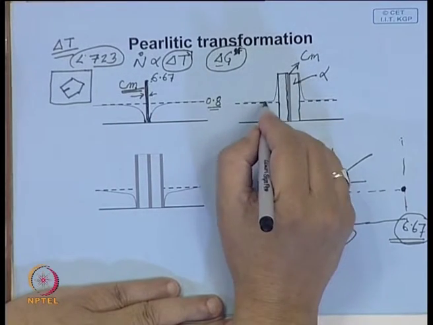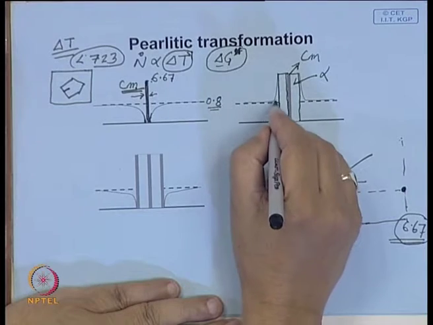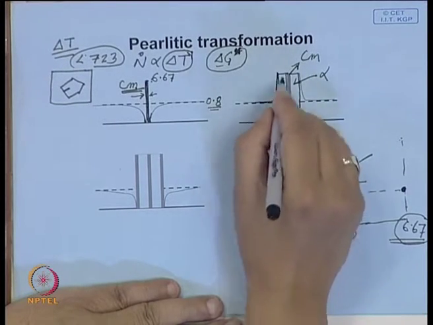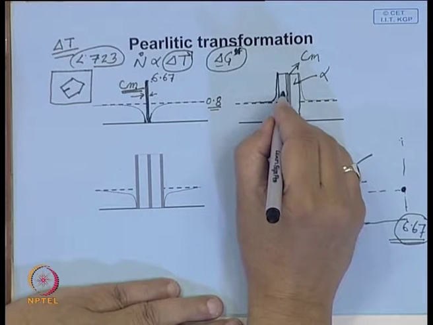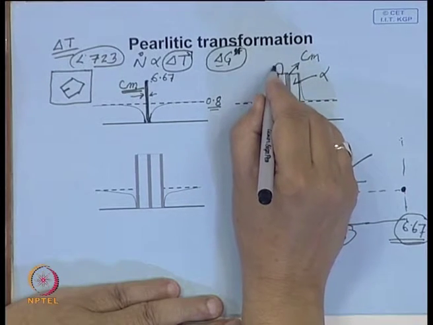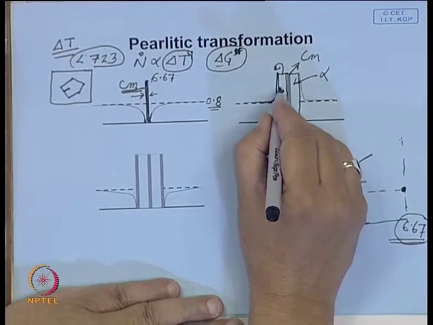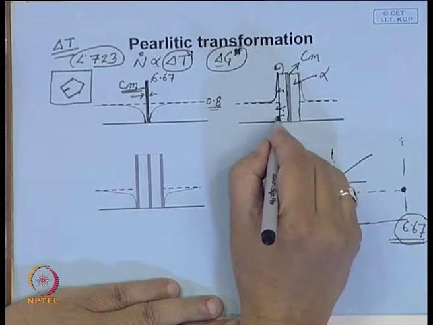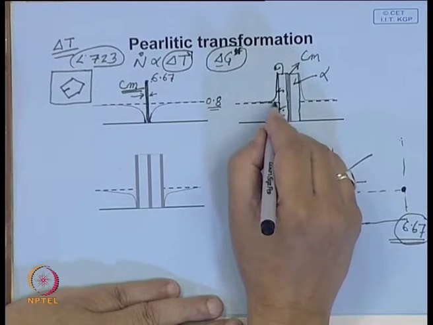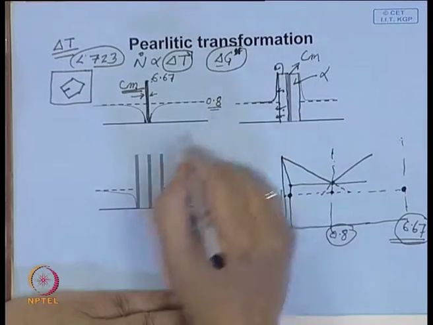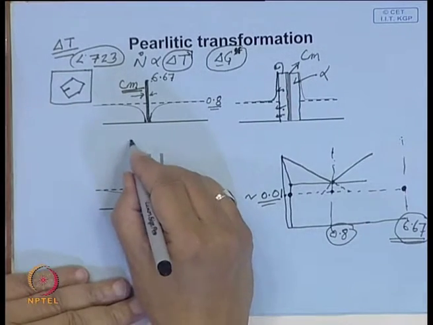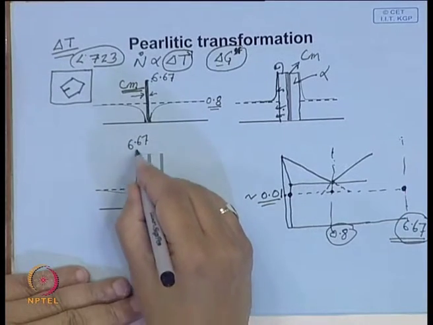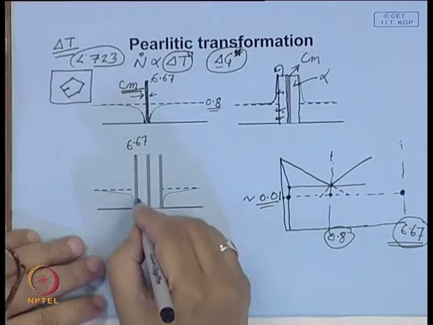So, if it rejects the carbon, again at the boundary the carbon content starts building up, and this process continues. So, this is rejecting carbon, all the carbon from ferrite comes to this region, and as this carbon concentration increases to 6.67, again a plate of cementite nucleates.